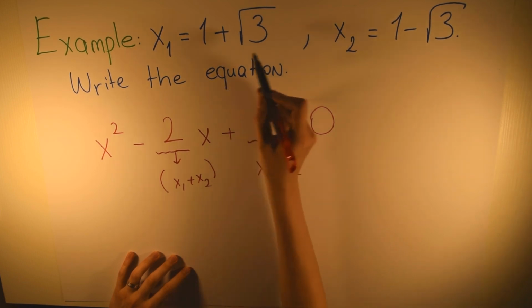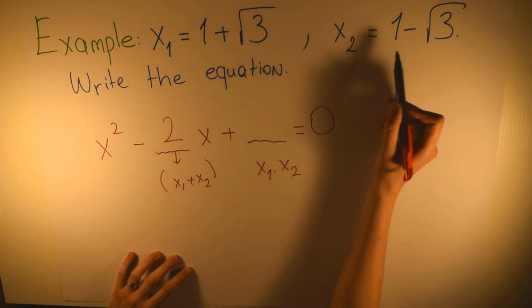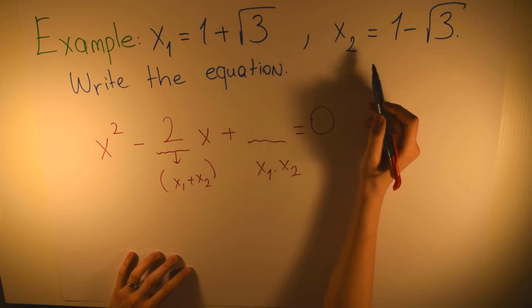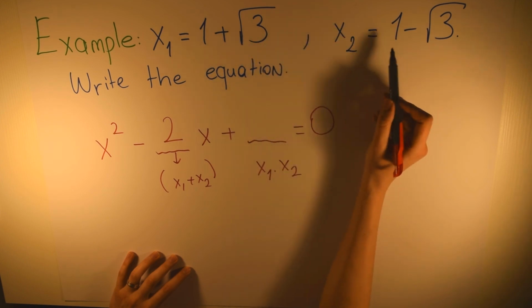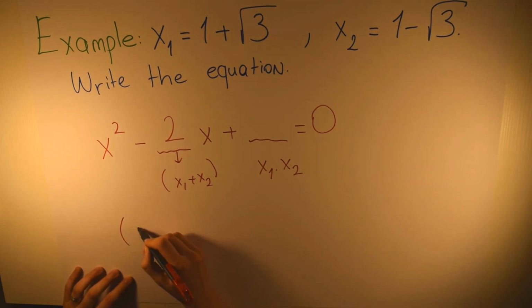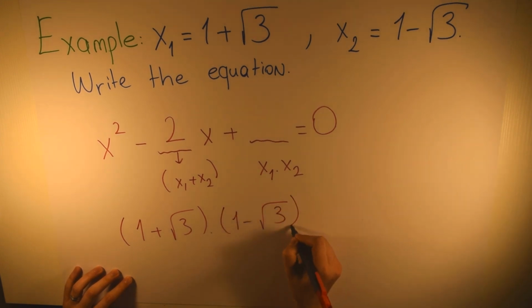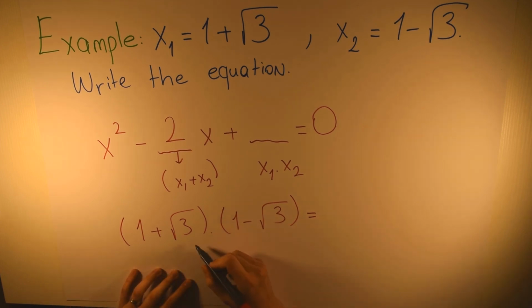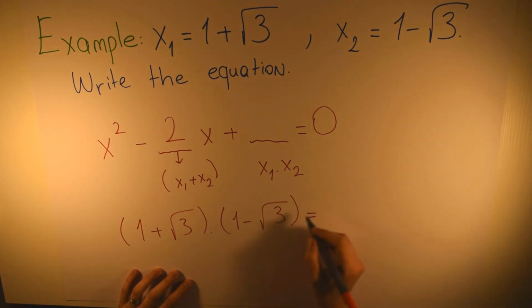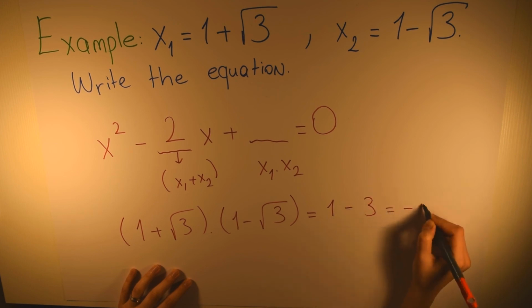So here these roots, when I multiply them with each other, this is the difference of two squares, right? So it will be, let me write it here. So it will be 1 plus square root of 3 times 1 minus square root of 3, which is equal to, this is the difference of two squares, so it will be 1 minus 3, which is equal to minus 2.